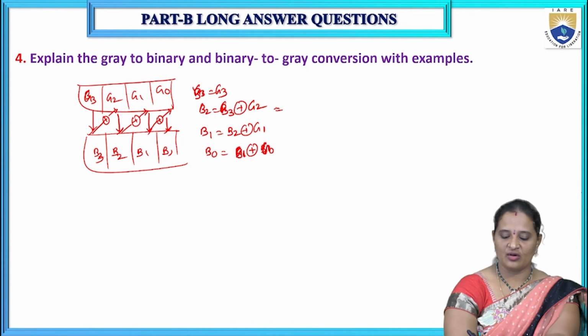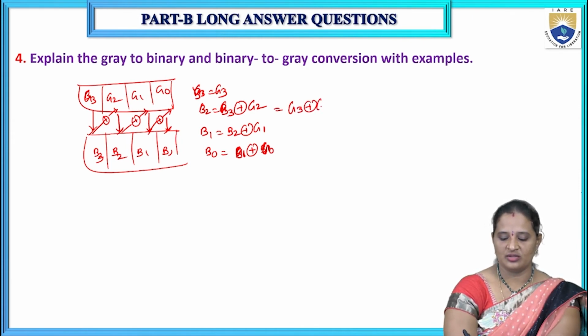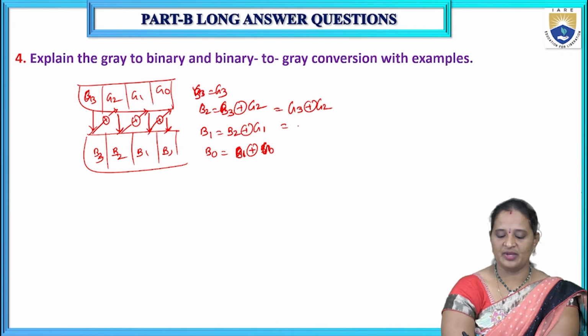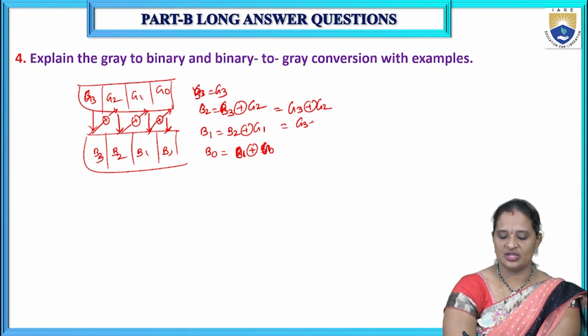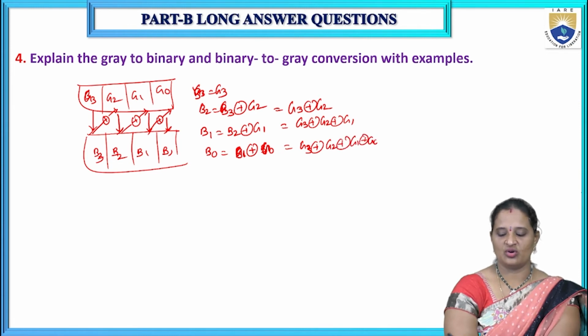Or else we can also write B3 as G3; in place of B3 I can write G3 XOR G2, and B1 as G3 XOR G2 XOR G1. Similarly, B0 I can write as G3 XOR G2 XOR G1 XOR G0.